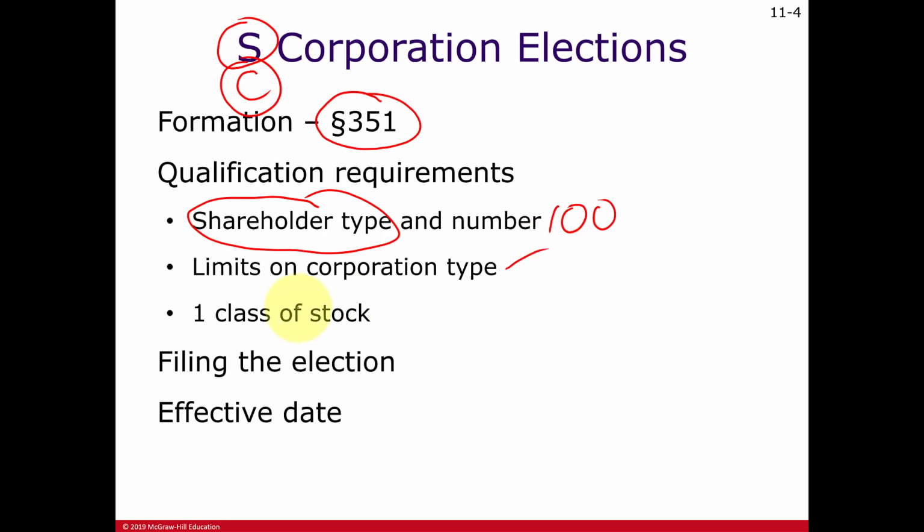Classes of stock. Of course, if you have only one class of stock, that class of stock will be common stock. Now, you can have maybe different classes of common stock, one with voting rights and the other non-voting.